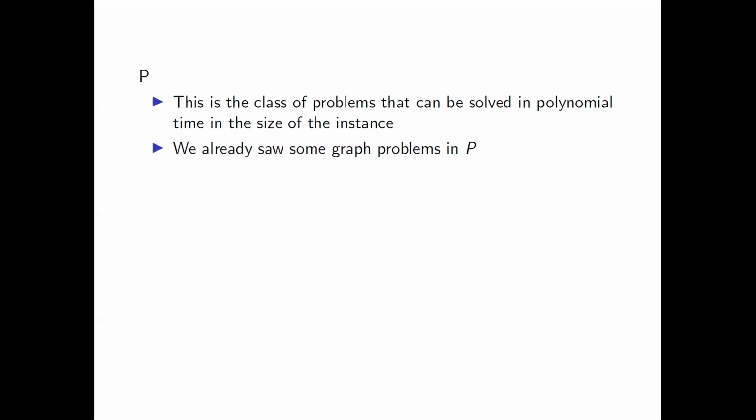And earlier in this course, we've already seen some graph problems that are in the class P. For example, here's a simple one. Detecting whether a given graph G is triangle free.